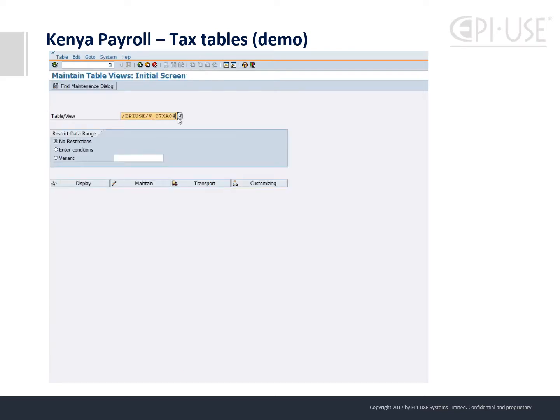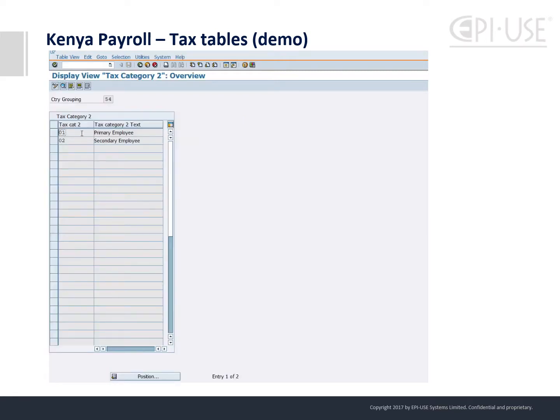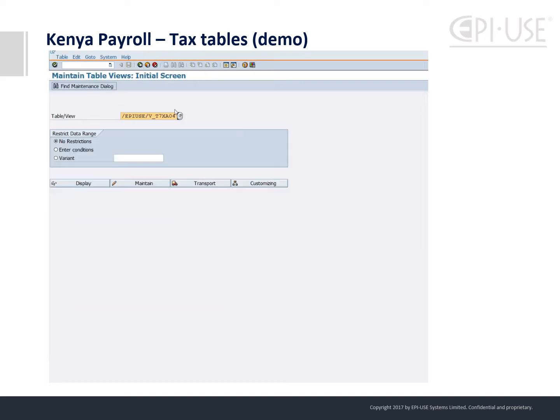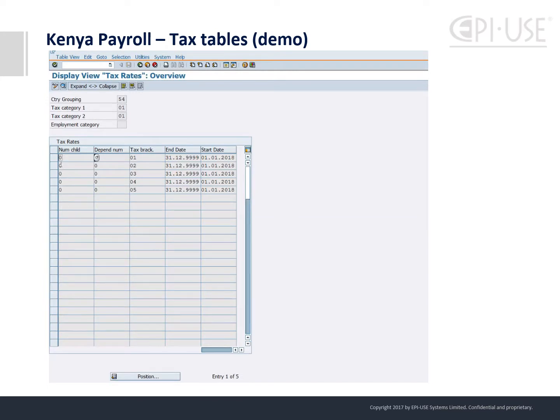If we look at table number 4, for 54, we find the primary and secondary employee options. And if you want to look at the tax rates, we find them in the table TR for Kenya, for the different categories.